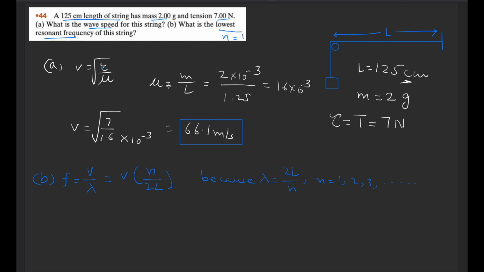So for n equal to 1, the frequency will be v, 1 divided by 2 times the length: 66.1 times 1 divided by 2 times 1.25 meter. If you calculate, you will get 26.4 hertz. So this is the answer.